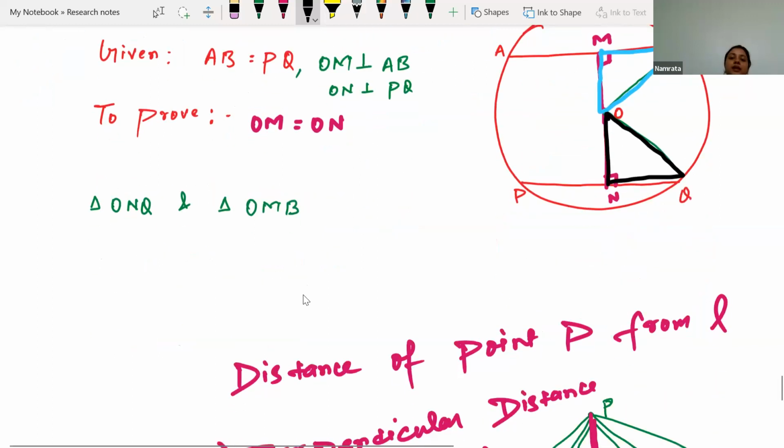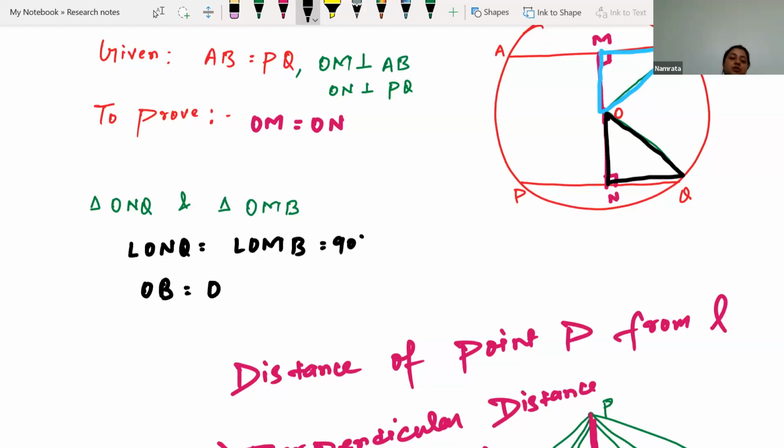We know that angle ONQ is equal to angle OMB. Why? Because both are 90 degrees. We also know that OB is equal to OQ.